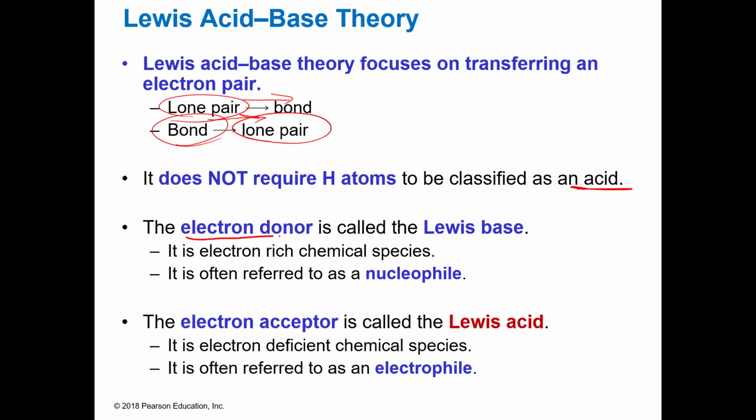The electron donor in this case is the base, and the electron acceptor is the Lewis acid. Okay, and so the electron donor we call a nucleophile, because that's where the electron-rich part comes from. And then the electrophile is the electron acceptor because it loves electrons. So the electron donor loves the nucleus, and the electron acceptor loves the electrons.